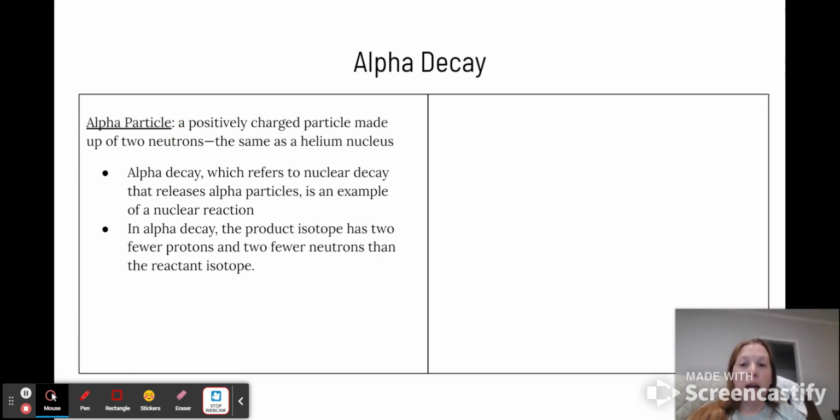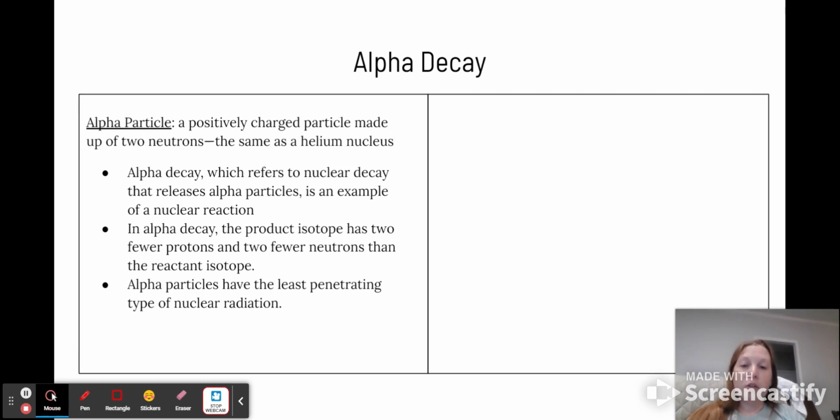And in alpha decay, the product isotope has two fewer protons and two fewer neutrons than the parent isotope. So the product is also referred to as the daughter. The reactant isotope is referred to as the parent here. So it is a mass of 4 less and an atomic number of 2 less.